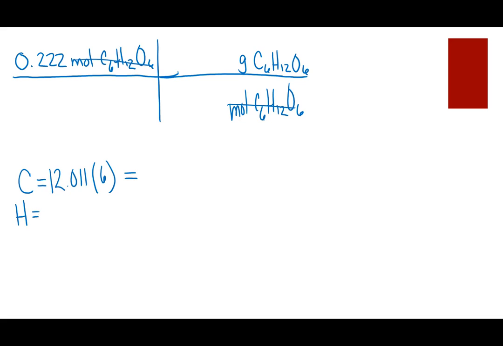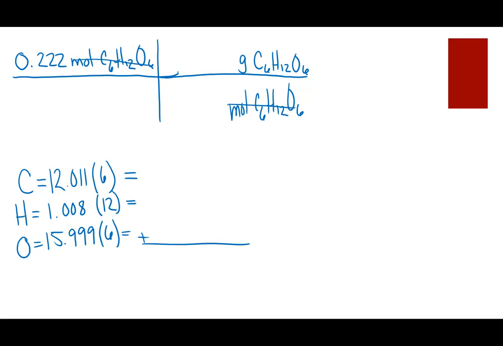Hydrogen has a molar mass of 1.008, and in glucose there are 12 of them. And lastly, oxygen has a molar mass of 15.999, and in glucose there are 6 of them. Then I'm going to add that together. So let me do some work here.